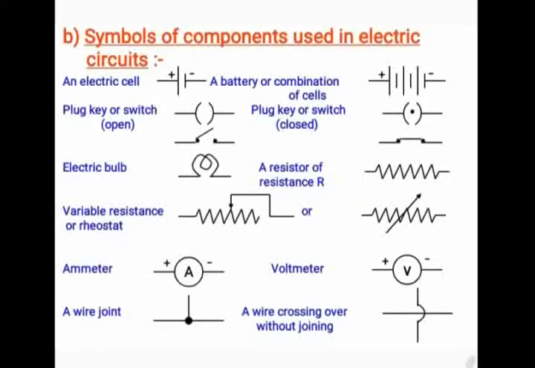We know that an electric circuit comprises a cell or battery, a plug key, electrical components, and connecting wires. It is often convenient to draw a schematic diagram in which different components of the circuit are represented by symbols.